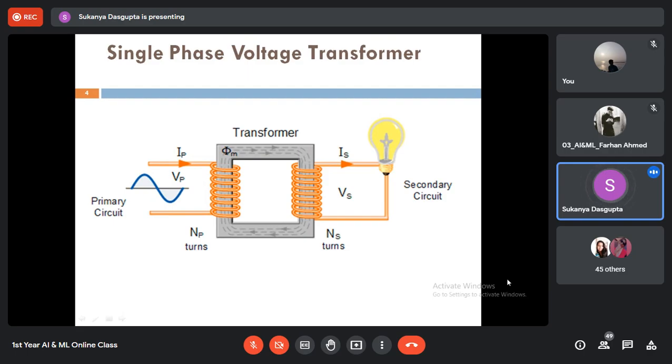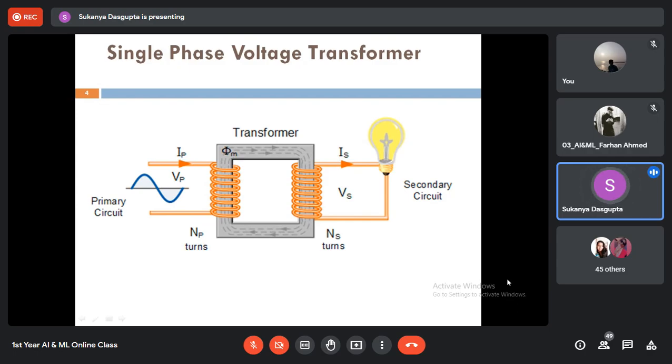So in practice, when we design the transformer, around the core, first we wrap the primary winding, and just above that we wrap the secondary winding around the same core, so that they can be tightly coupled, right?